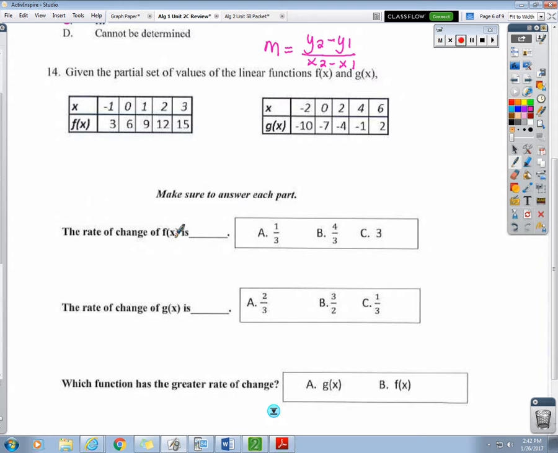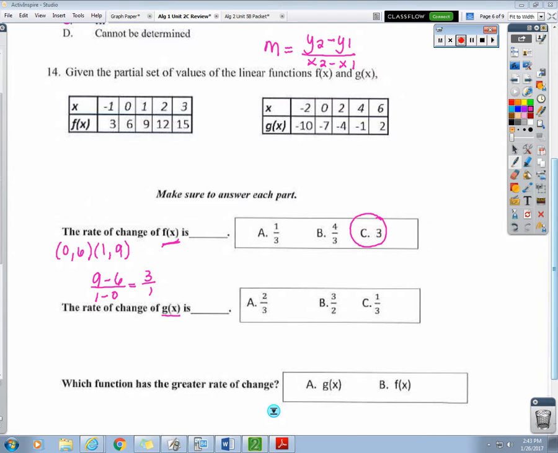Well, let's do f of x first, which is this one. What 2 points would you like to use from that table? Okay, (0, 6) and (1, 9) works good. So wouldn't that be 9 minus 6 over 1 minus 0, which is 3 over 1, which simplifies to 3. Now you quickly try to find the rate of change for the g of x function.